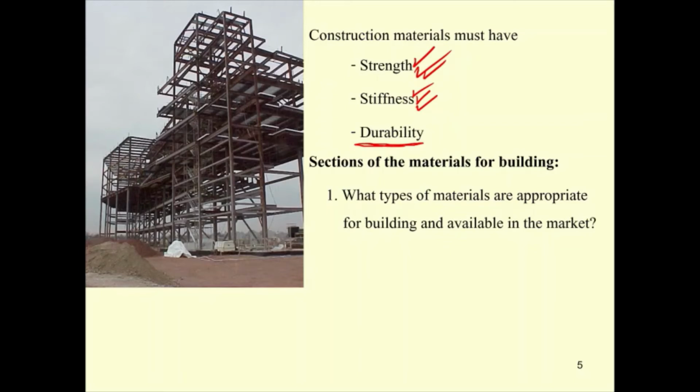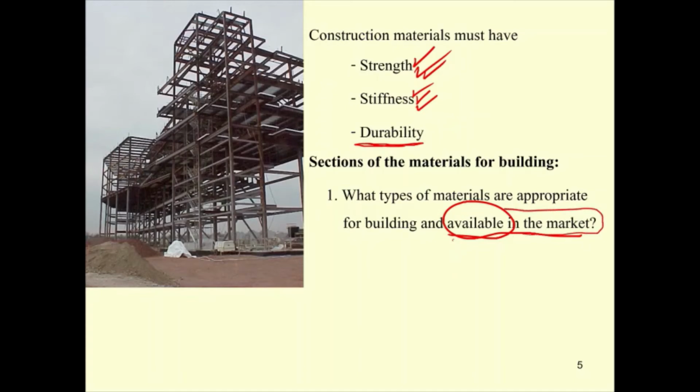The first one, what type of material is available in the market? For example, if you would like to use concrete with the strength of 1200 ksc, that's going to be very expensive because it's very rare to use such very high strength concrete.